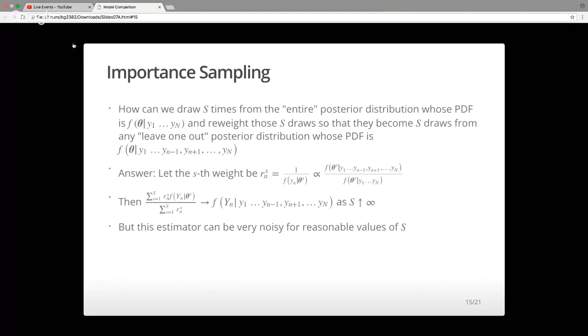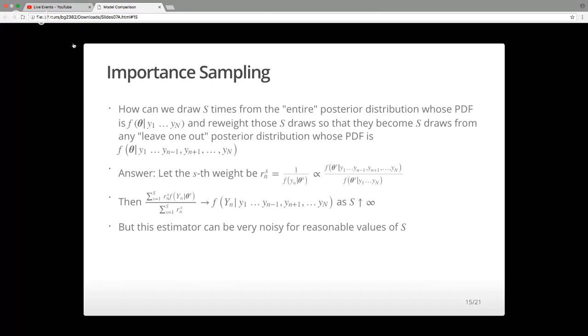And the reason why we do importance sampling is this. We want to draw S times from the entire posterior distribution, and that has this PDF. And we want to come up with some way of reweighting those S draws from the posterior distribution to turn them into S draws from the posterior distribution if we were to leave out one of the observations and re-estimate with Stan, omitting the nth. And so what would the weights be?